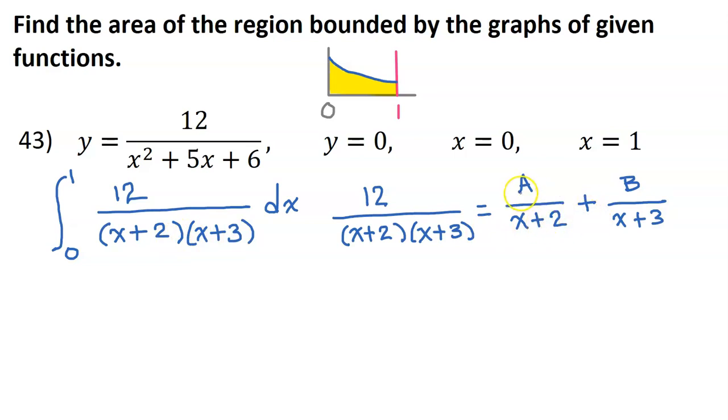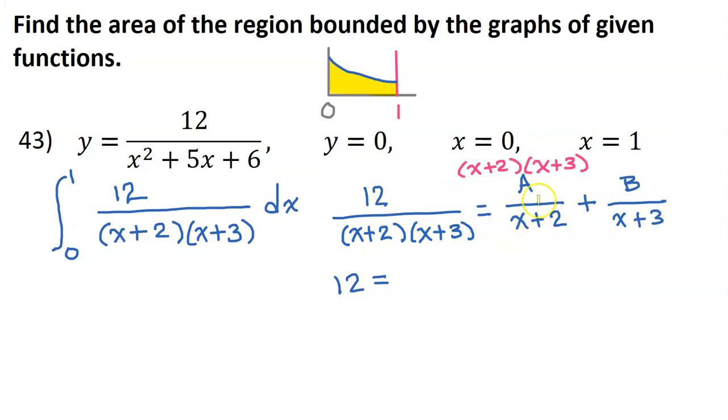We can solve for a and b by multiplying both sides of the equation by the common denominator x plus 2 times x plus 3. If we multiply the left side of the equation by x plus 2 times x plus 3, the entire denominator cancels out, and we are left with just 12.